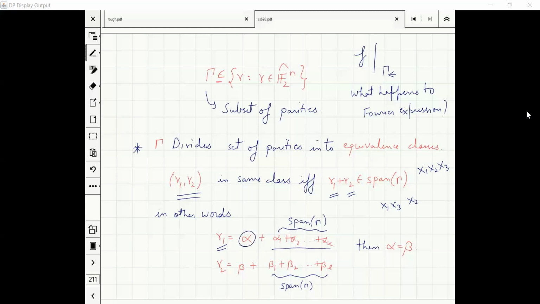Similarly, you take gamma 2 and write it in terms of gamma and some beta. Then you can write it such that alpha is equal to beta. This is where your coefficient will go to.